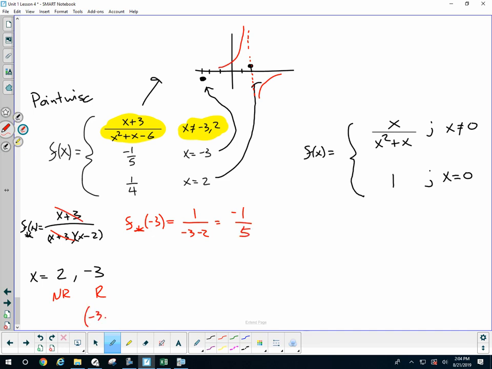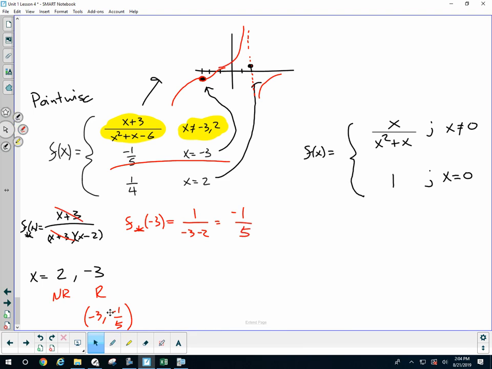So that piece has a removable discontinuity, or it has a hole at the location -3, -1/5. Well, it turns out if I graph, and I don't know what it looks like, I'm just guessing here, I would end up with a hole right where that point -3, -1/5 is located.